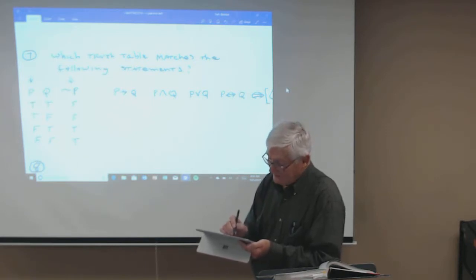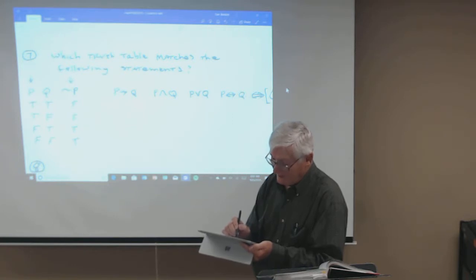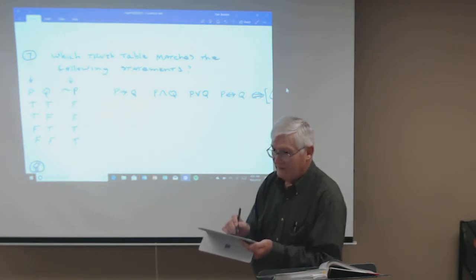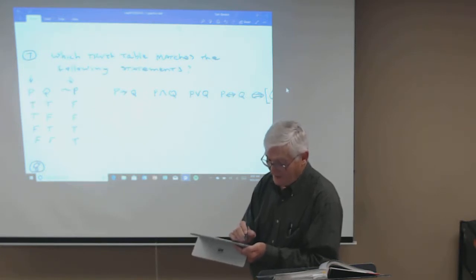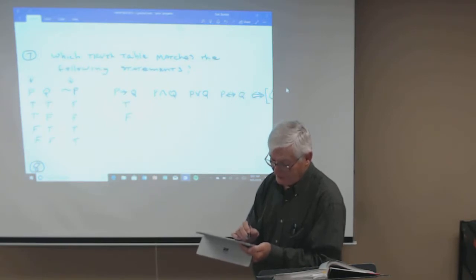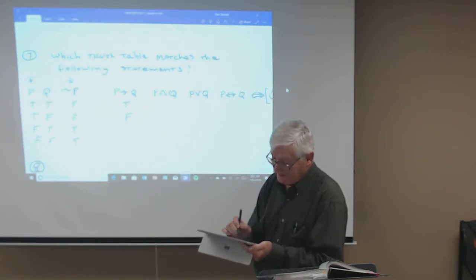Now, what's if P then Q? What's the truth value here? Do you have in your notes the chart for the truth value of if then? When P and Q are true, this is true. When P is true and Q is false, this is false. When P is false and Q is true, this is true.